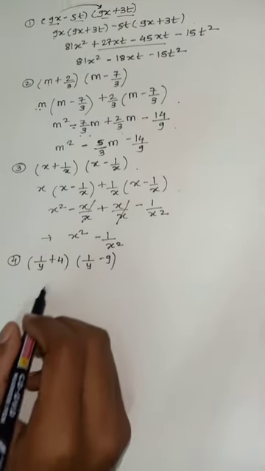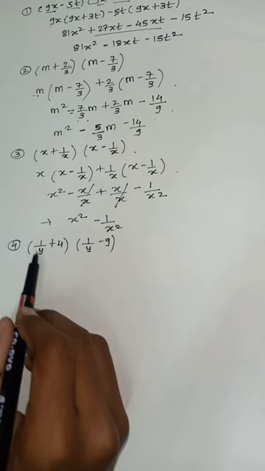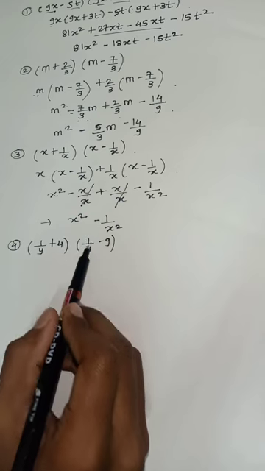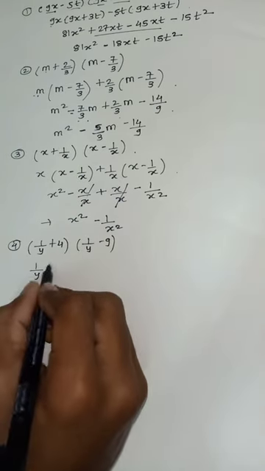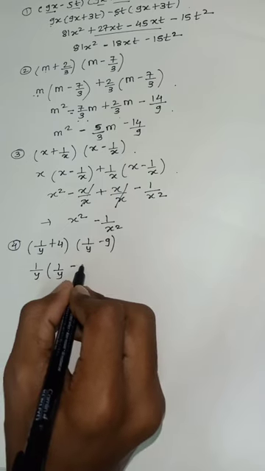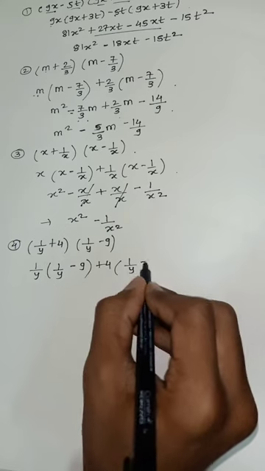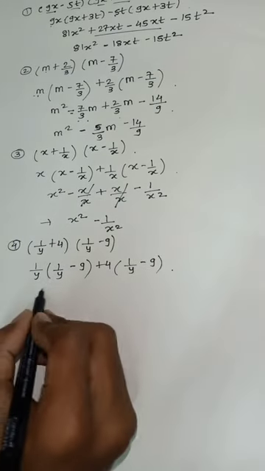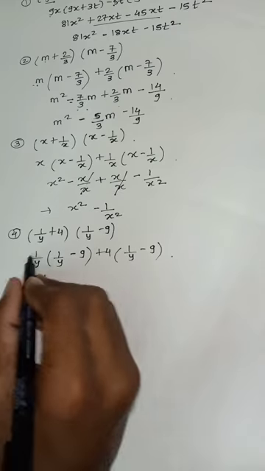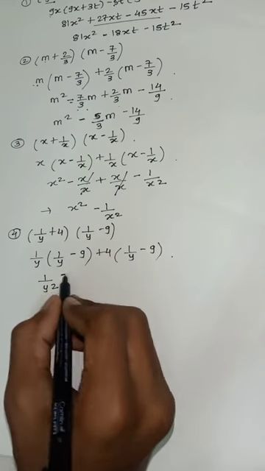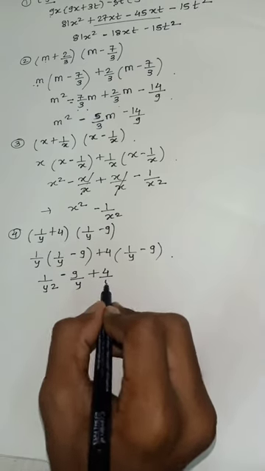Now see the next example of this exercise 5.1, that is (1 by y plus 4) into (1 by y minus 9). Write down 1 by y as it is, 1 by y minus 9, plus 4 into 1 by y minus 9. 1 into 1, 1, y into y, y square. 9 into 1, minus 9 into 1, 9 by y, plus 4 by y.